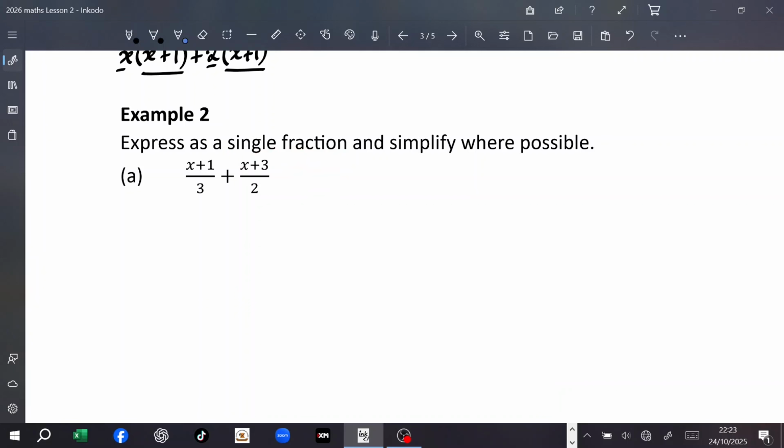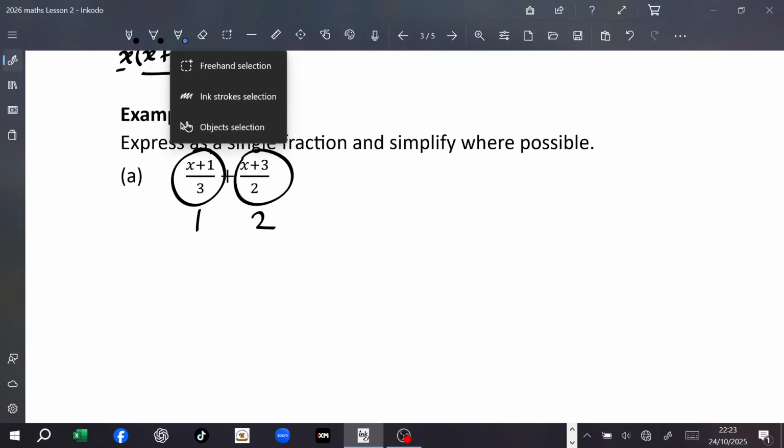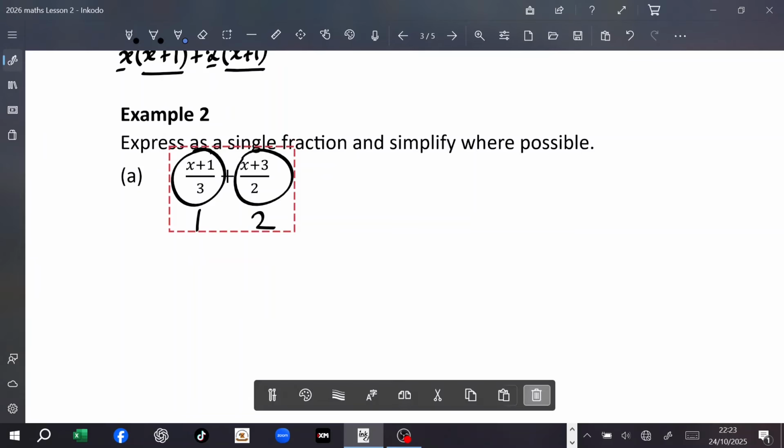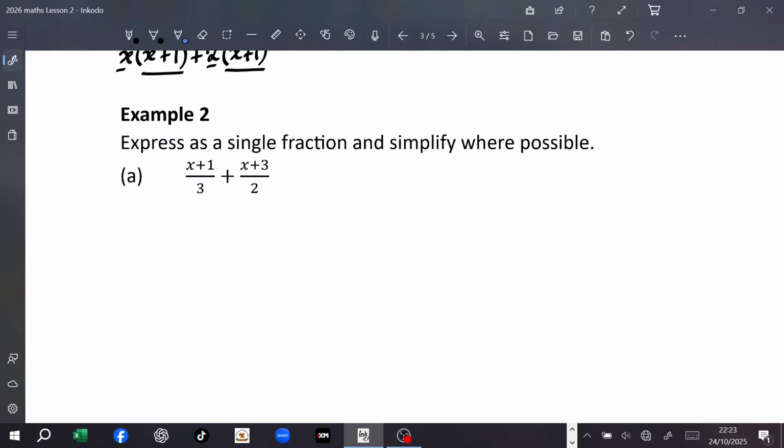Like in this question that we have been given, we have 2 fractions here. So they want us to make these 2 fractions as a single one, meaning we just remain with 1.